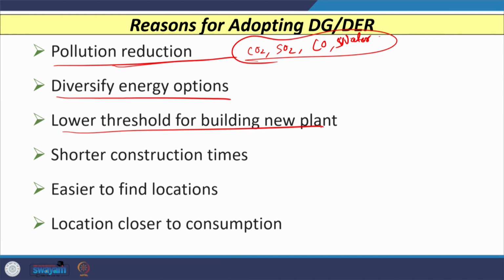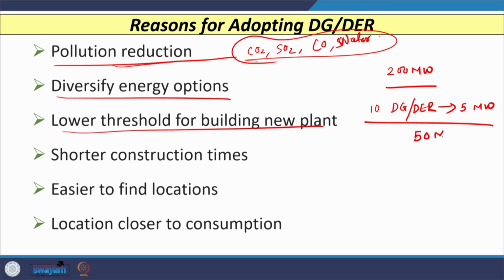The third advantage or reason for adopting the DG or DER is the lower threshold for building a new power plant. If I wish to develop a new central power plant, let us say its capacity is 200 megawatt, and now I connect several DGs, let us say 10 distributed generators, each having a capacity of 5 megawatt, the total capacity of this is 50 megawatt.